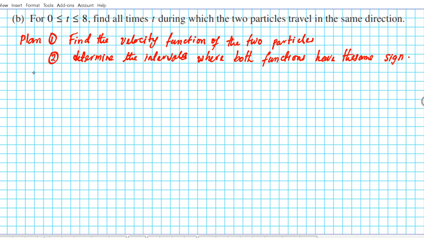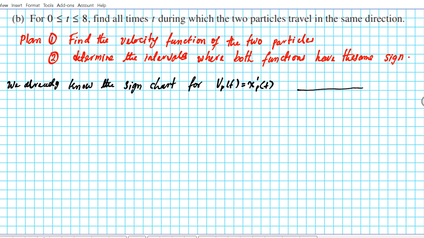So let's write down what we already know. We already know the sign chart for the velocity of particle P, which is x prime of particle P. Let's just make a real quick sketch here.